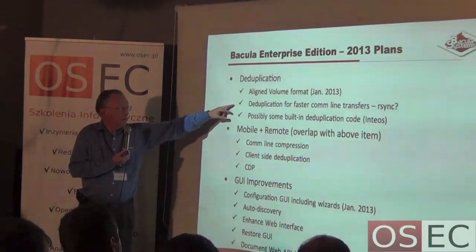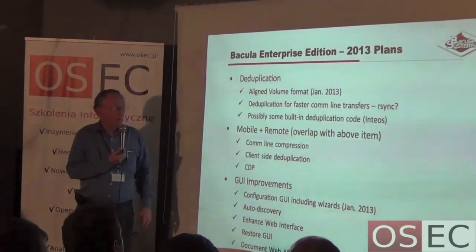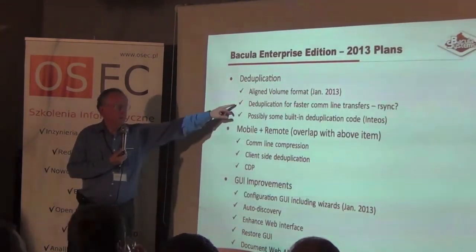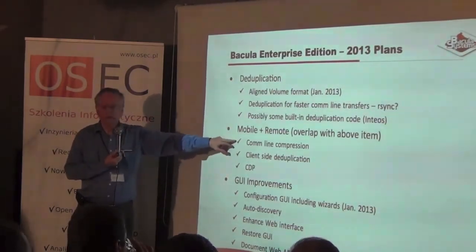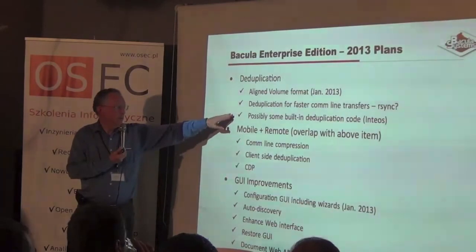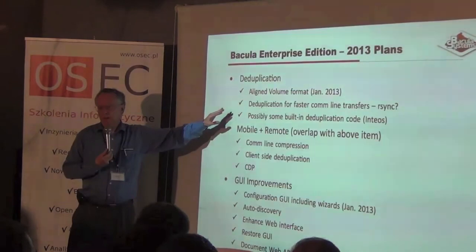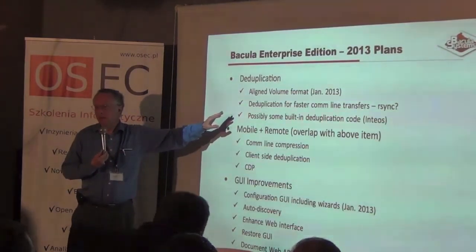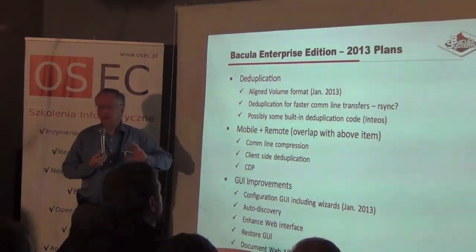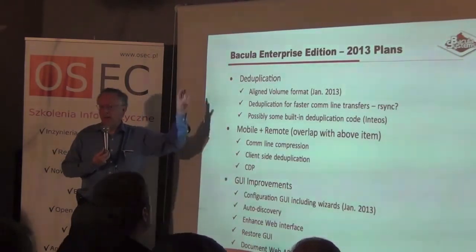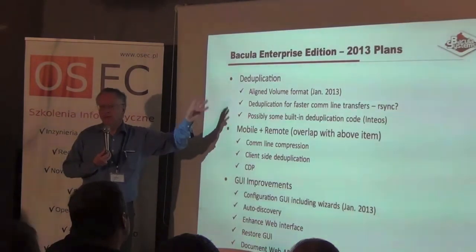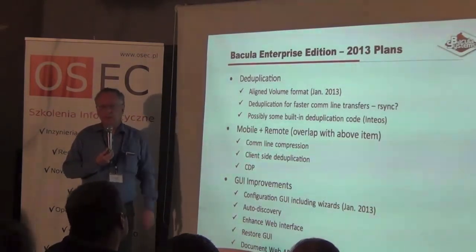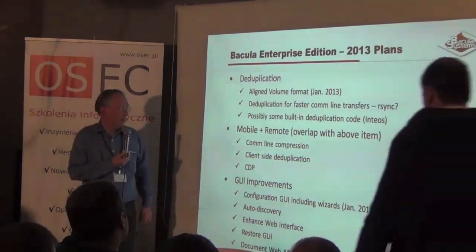Another way is to do deduplication for communication line transfers. That will come up again down here, so I'll explain it a little bit more. And then we're talking about doing built-in deduplication within Bacula, both on the client side, that's out in the file daemon, and on the storage side, on the server side. So the storage daemon and the file daemon both will have some sort of deduplication software in it.